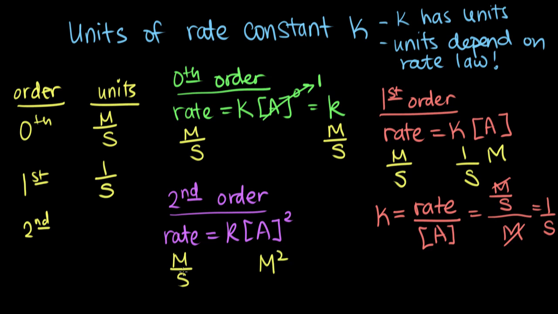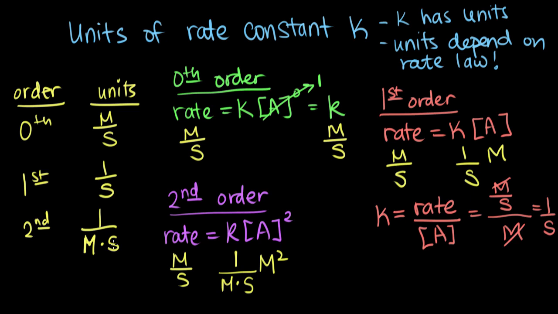So molar squared times something is equal to molar per second. We need to add a 1/seconds in our units for K because we need to make sure when we multiply these, we get the seconds on the bottom. And we need to cancel out one of these concentration terms, so we need to put molar in the denominator as well. So the units of K for a 2nd order reaction are 1/molar seconds.